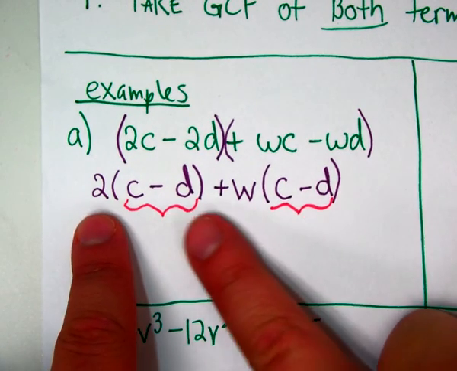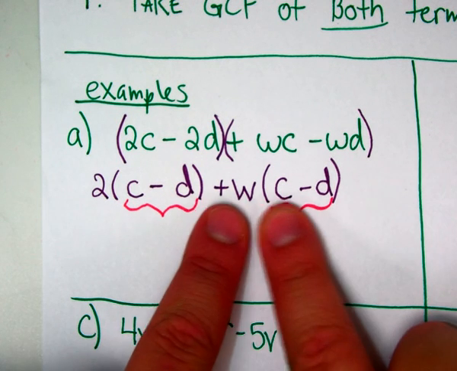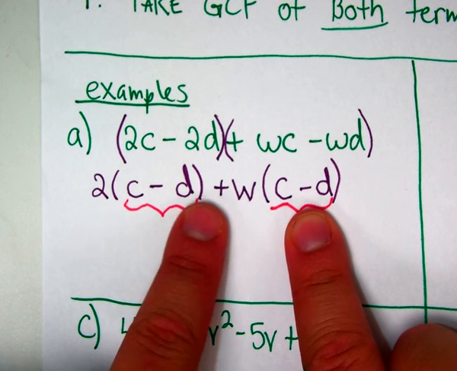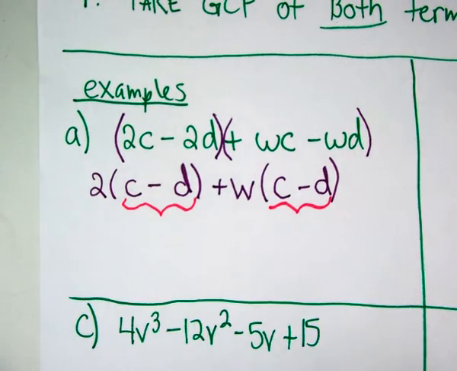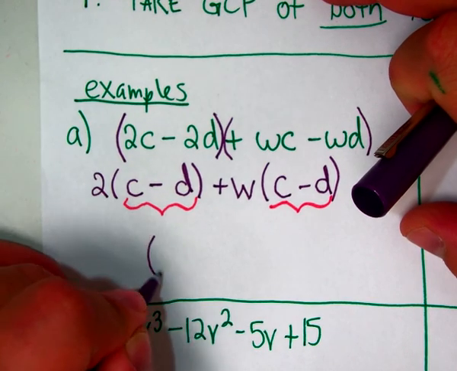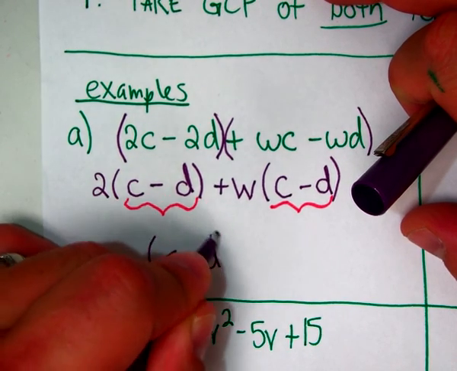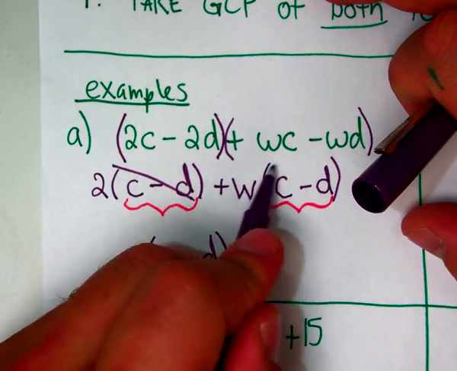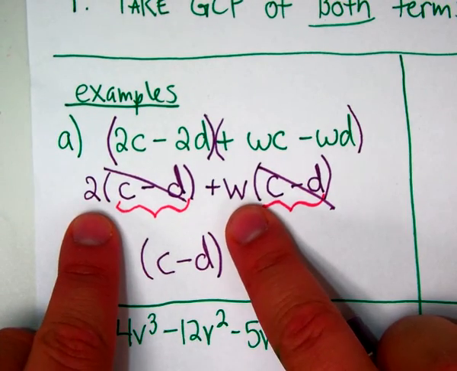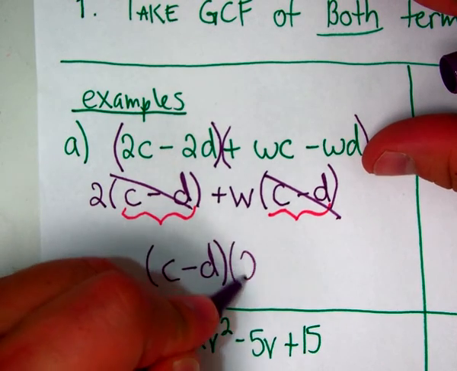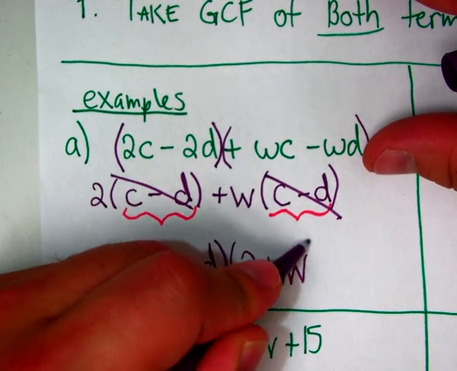This is a term right here, and this is a term right here. So the 2 that they share is a C minus D. If we take this out as the GCF, we're going to be left with, hopefully you can see, a 2 plus W.